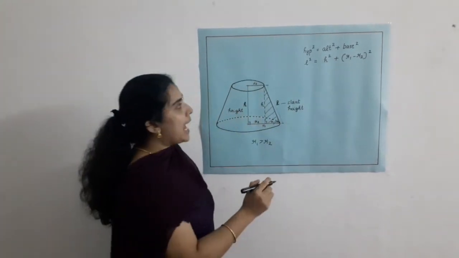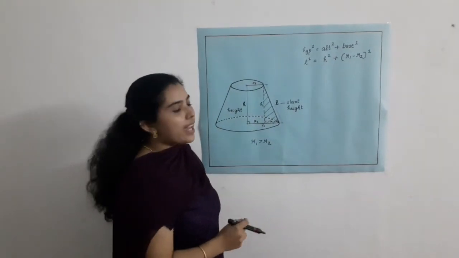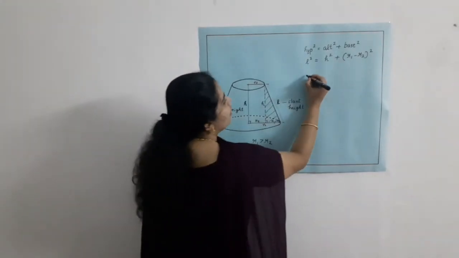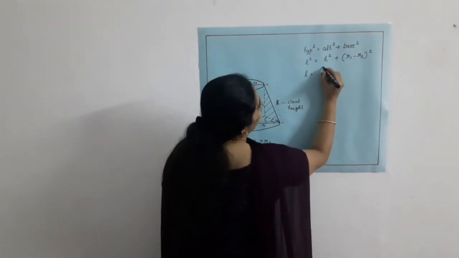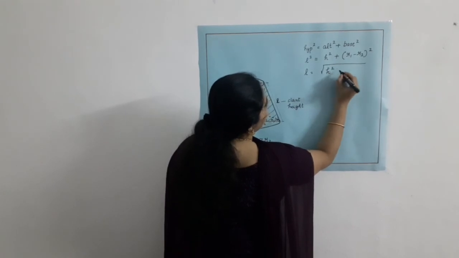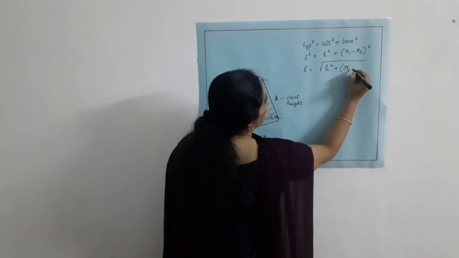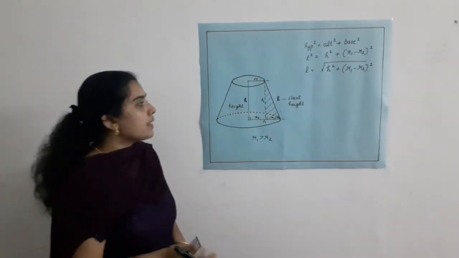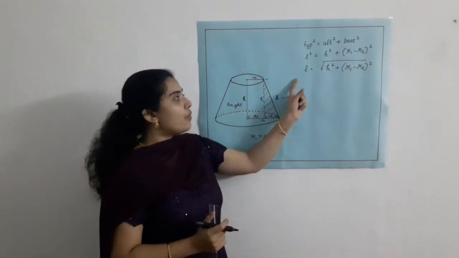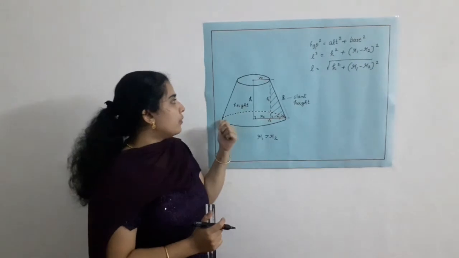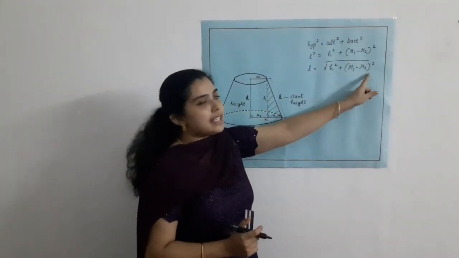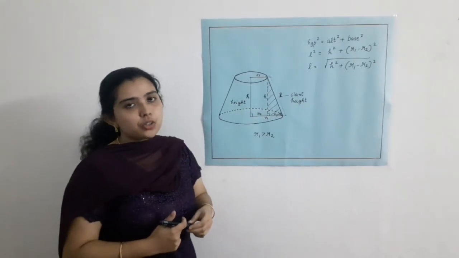So we have got L square equal to h square plus (R1 minus R2) the whole square. Therefore, L is equal to root of h square plus (R1 minus R2) the whole square. So we have got the formula for finding the slant height of the frustum of the cone, that is root of h square plus (R1 minus R2) the whole square.